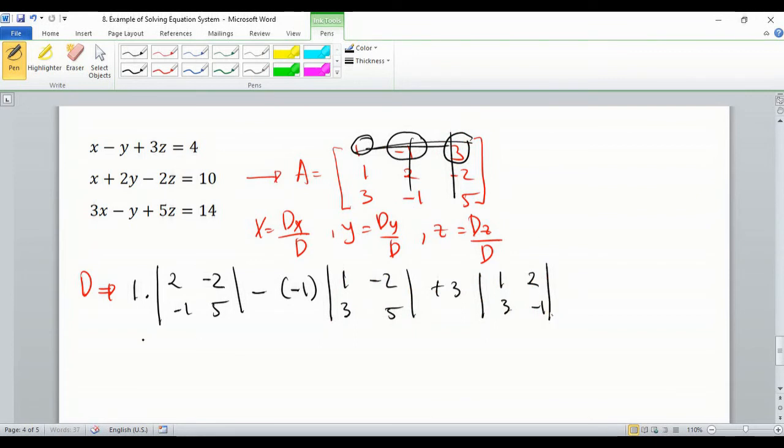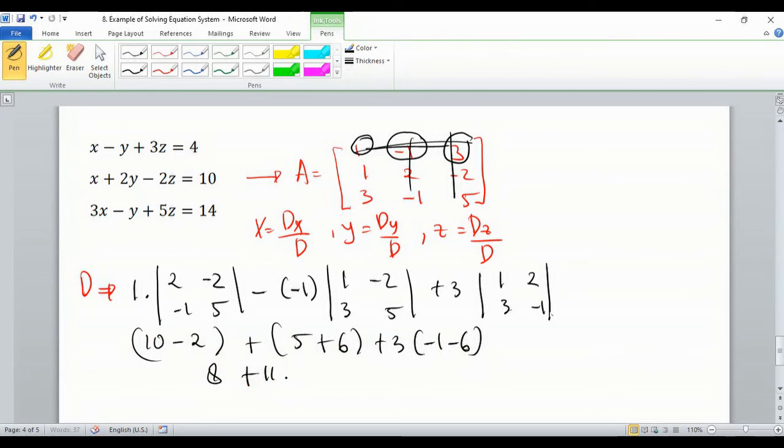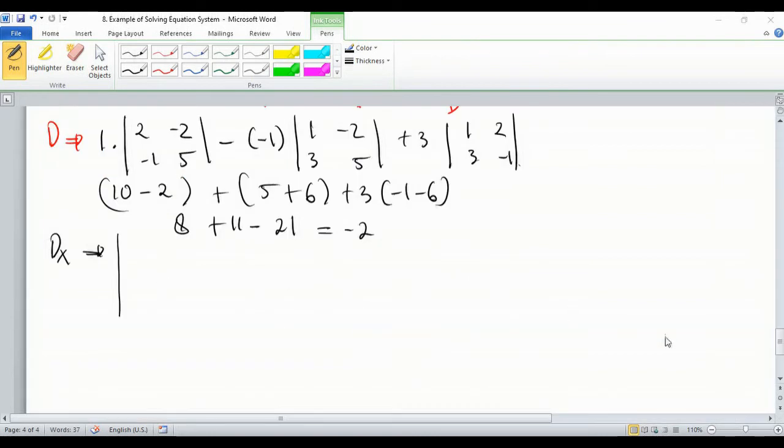So from here, the value is, because the 1 is positive, it doesn't matter, 10 minus 2 plus 5 plus 6 plus 3 minus 1 minus 6. So the value is 8 plus 11 minus 7 minus 21. So it's equal to 19, 20, 21, minus 2. Sorry, everyone.